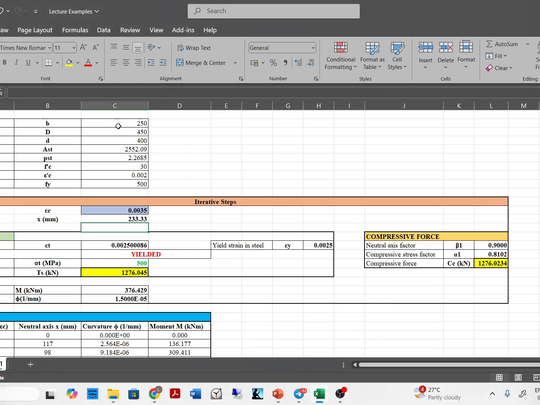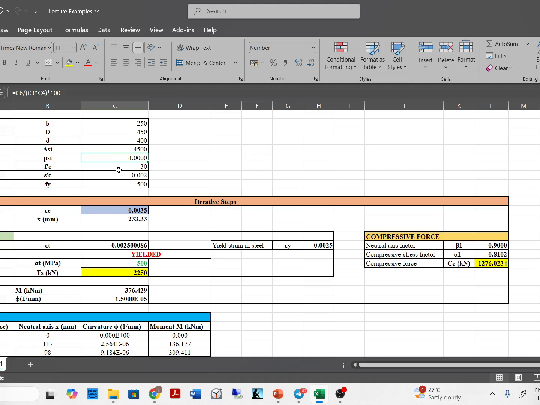So the geometric properties are the same: the width of the beam is the same, the total depth is the same, and the effective depth is the same. And now the Ast becomes how much? 4500. As soon as I enter the Ast value, we can see that the percentage of steel has been calculated, that is 4%.